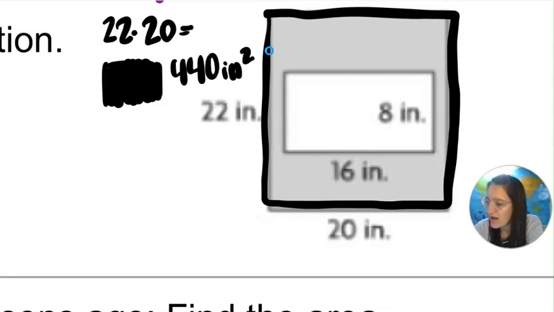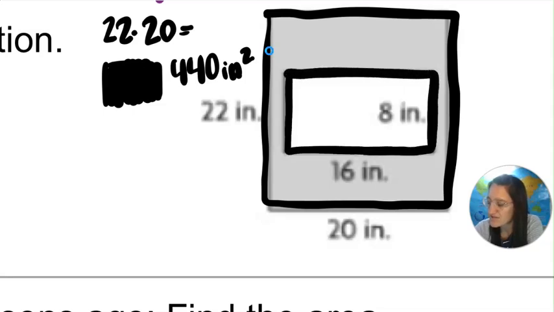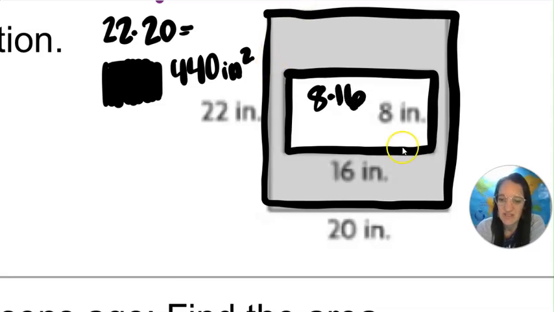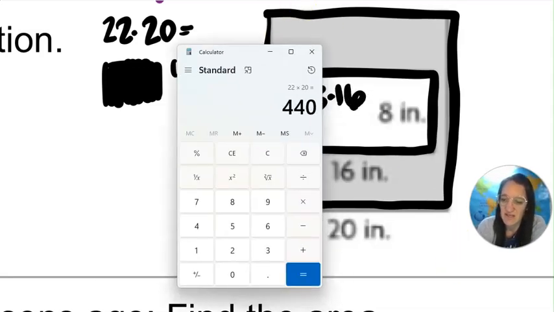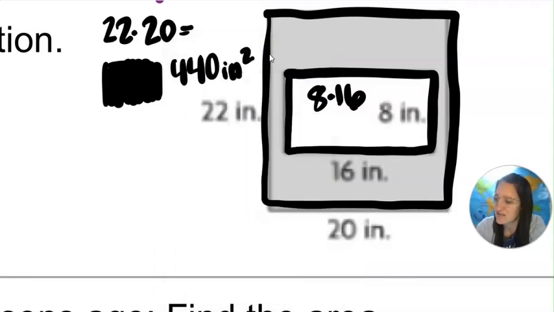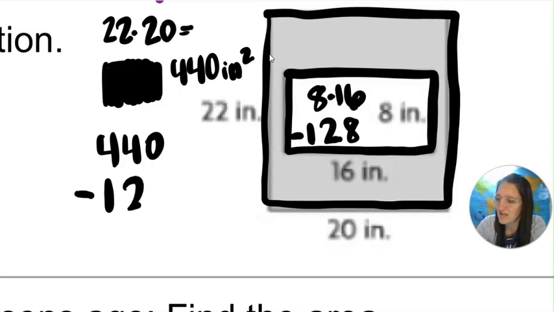Now let's get rid of that part. That is also a rectangle, so that's going to be 8 times 16, which is 128. And this is an empty space, right? So I need to get rid of it. I'm going to go 440 minus 128.